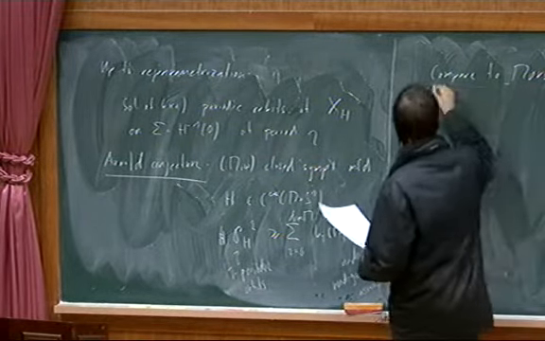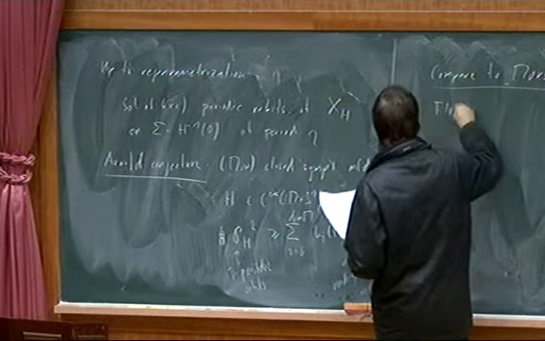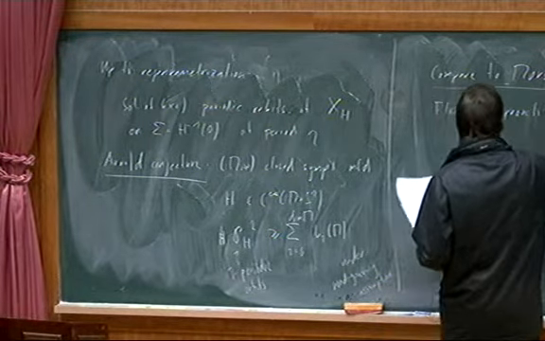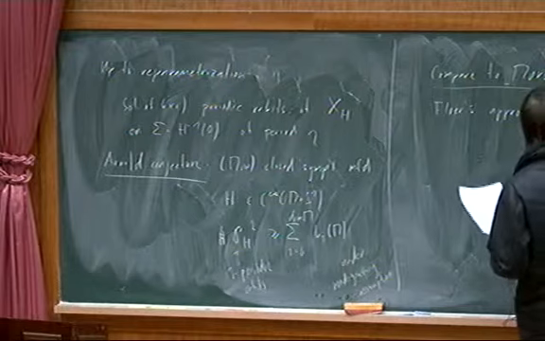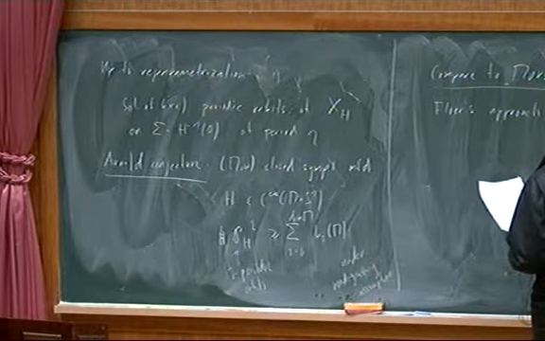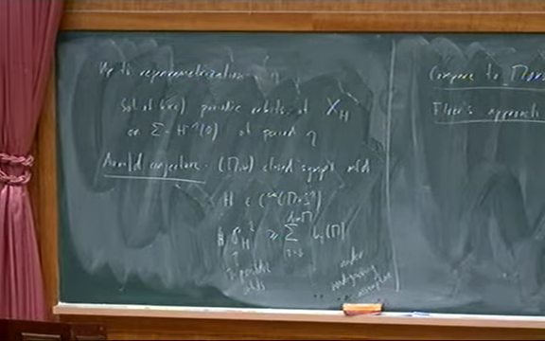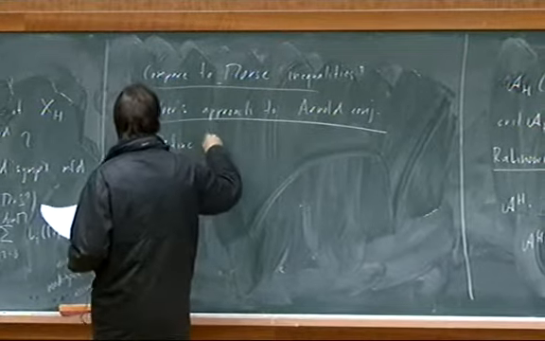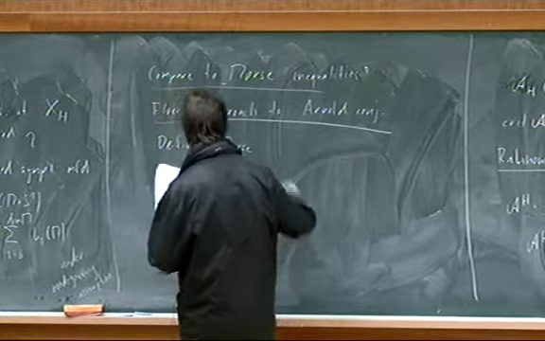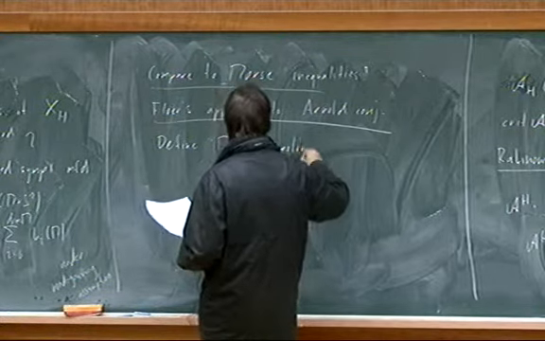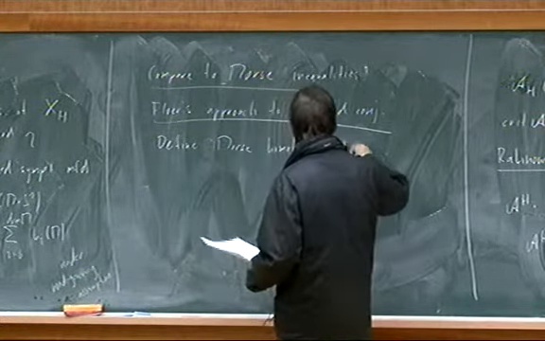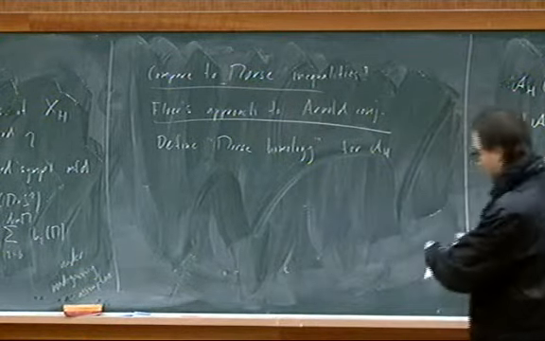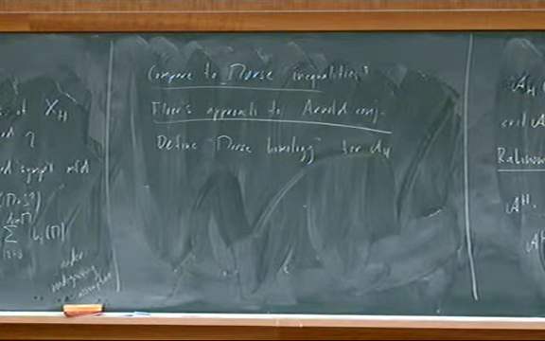And so Floer's approach to the Arnold conjecture was the following. He also defined Morse homology for this A_H, and so we have to count gradient flow lines.